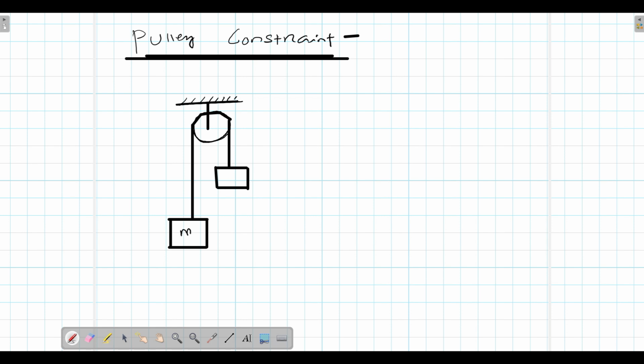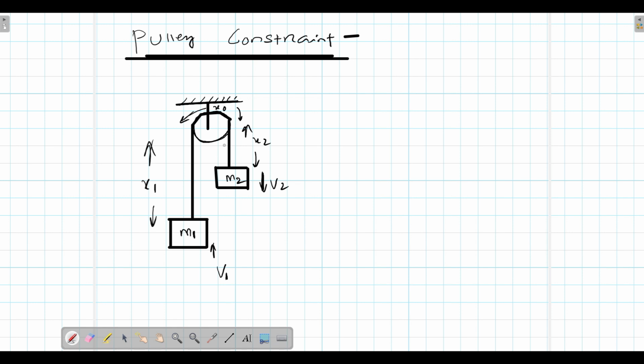So this is M1, this is M2. So this speed is V1, this speed is V2. This length is X1, this length is X2, and this is X0.